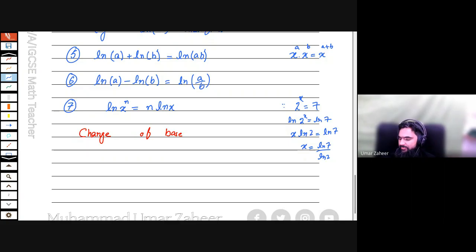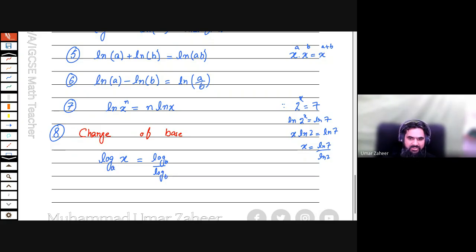First of all, let me talk about it in general. For example, you have a log of base a of x. I just want to introduce some new base, let's say b. So log of x with base b divided by log of a with base b. Here it is base a.